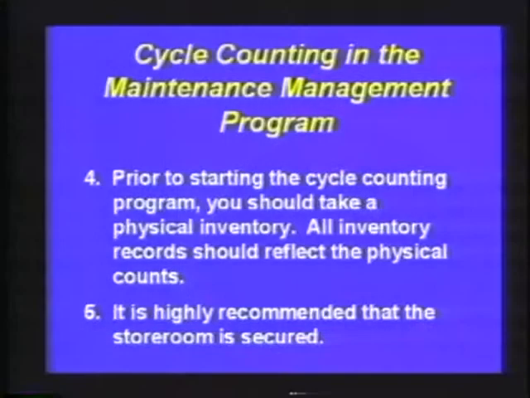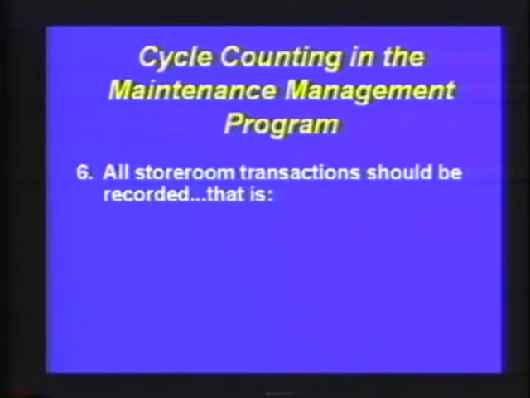And then step 5 is a key step. Secure the storeroom. If you don't secure the storeroom, forget cycle counting, because it is not going to provide you with that high degree of record accuracy. Then step 6 is make certain that all transactions that are processed in the storeroom are recorded properly in the storeroom record.